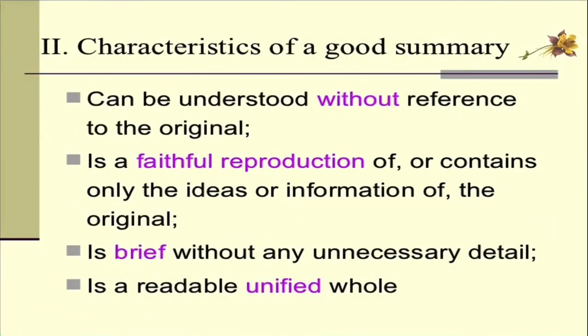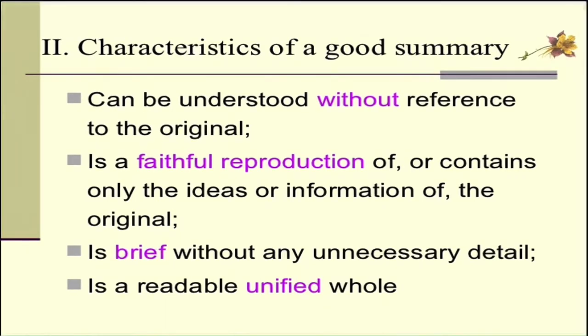So, what are the characteristics of a good summary? Okay, number one, it can be understood without reference to the original. So here I don't have to go back to understand the text. Number two is a faithful reproduction, it contains only the ideas or information of the original. Here I don't have to add any more information from outside the text I'm summarizing.